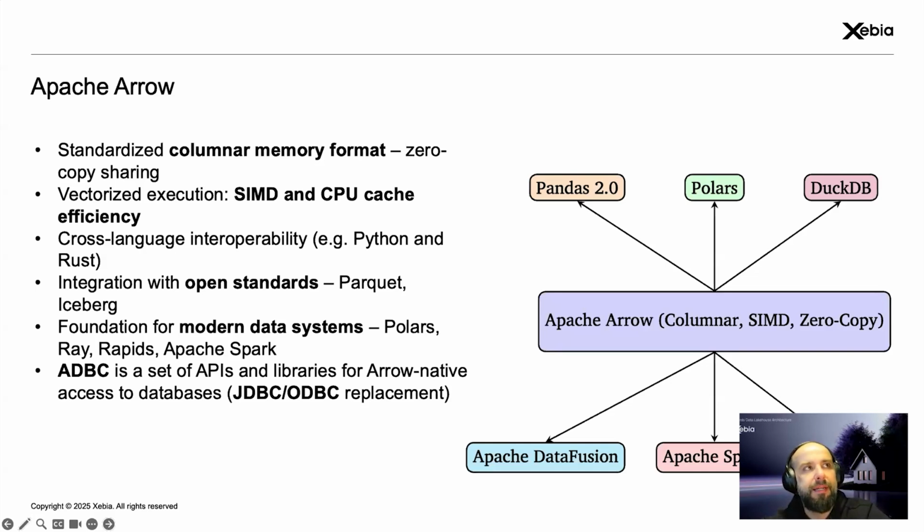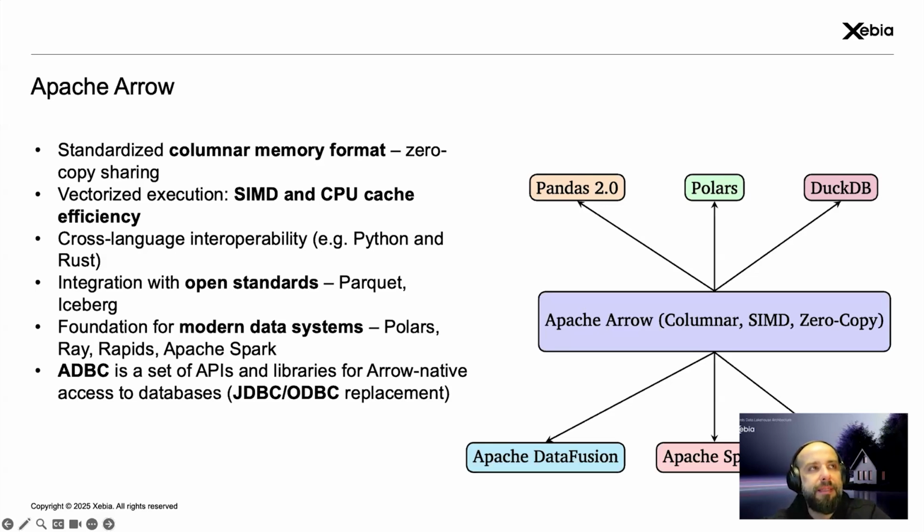The basic idea is that we have a standardized columnar memory format that has a few advantages. First of all, because it's columnar, it's SIMD and CPU cache efficient. So we can use it as an internal representation in our tools for very quick processing with modern processors.